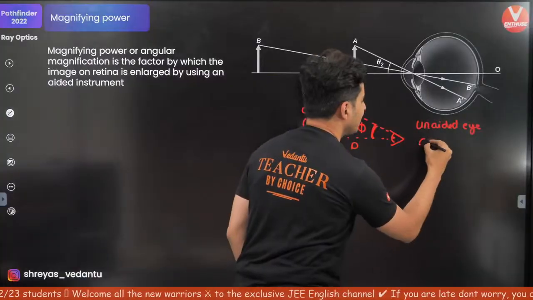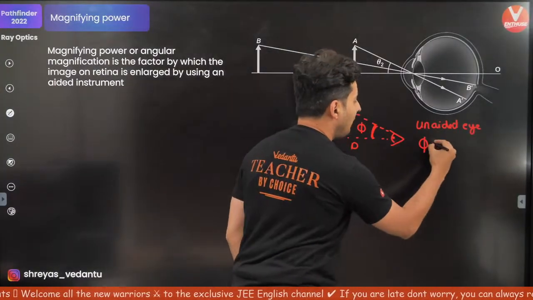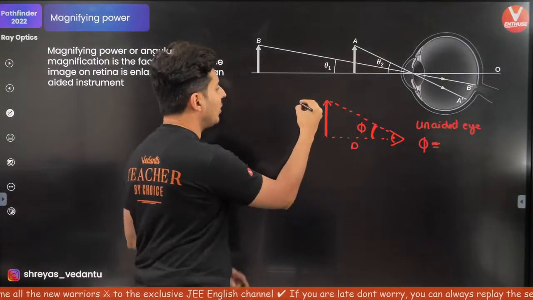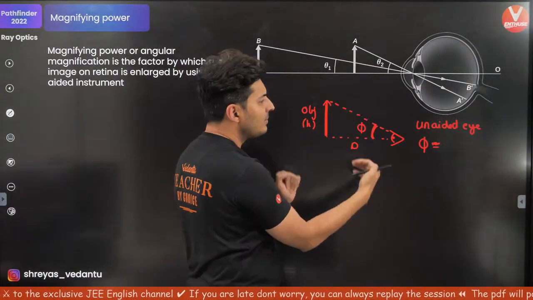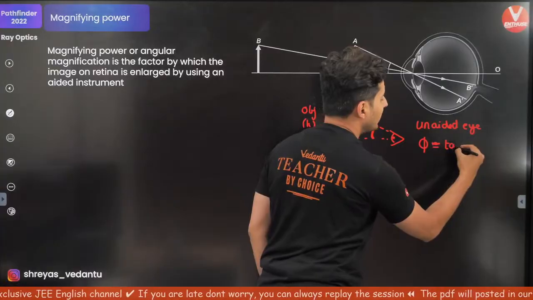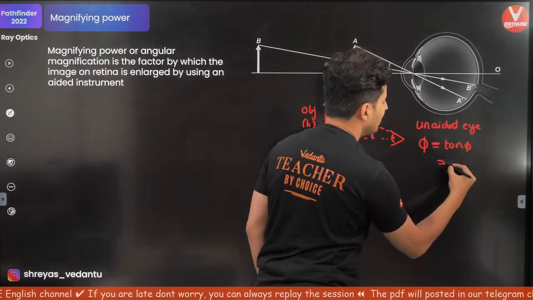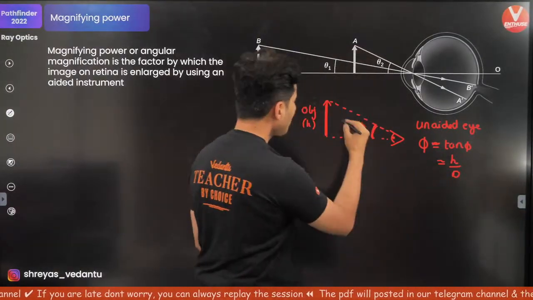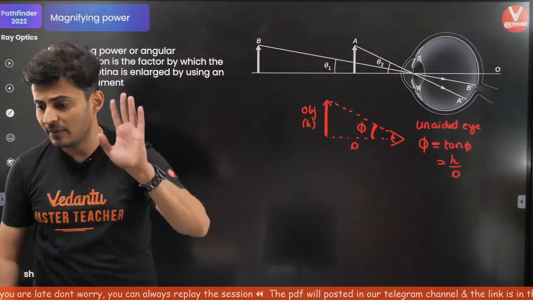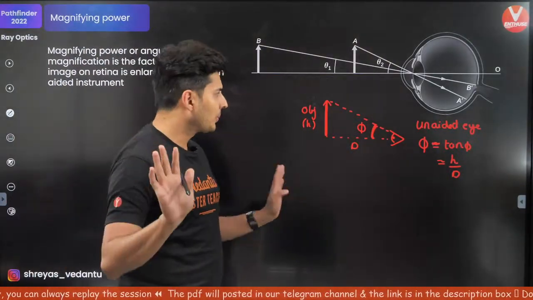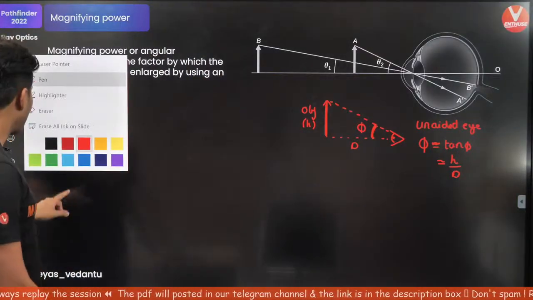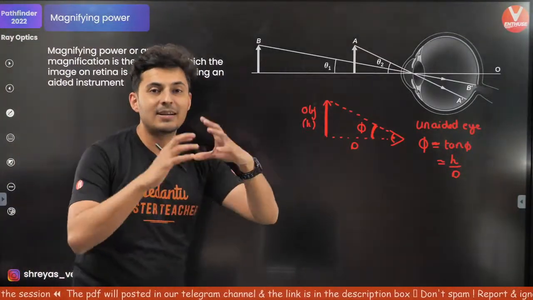Now this phi will be approximately equal to tan phi, for small objects, since if the object is small, then phi will be small. So therefore, it will be nothing but h by D, opposite by adjacent. Everybody agrees with this statement? Great.